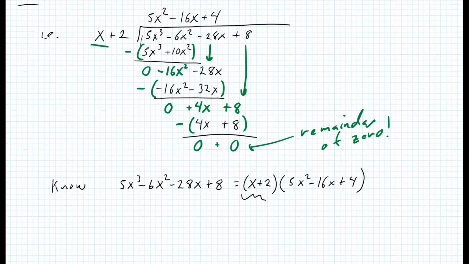We've teased out one of the factors, and there's no remainder, so it's plus 0. It doesn't matter. So that means x plus 2 is a root of this polynomial. So I know at least one of the roots.